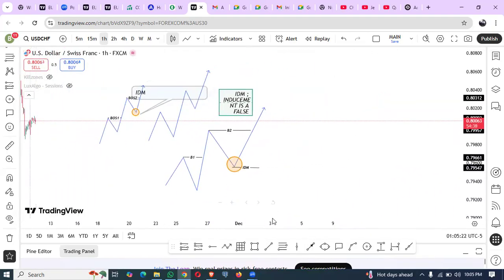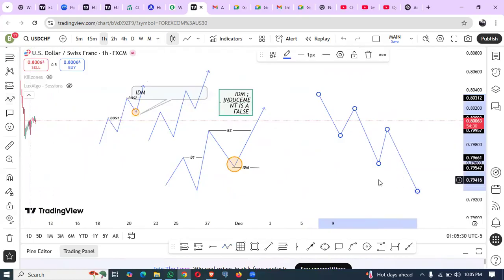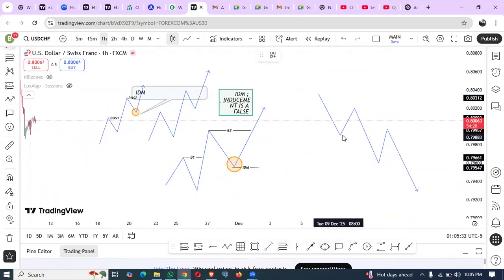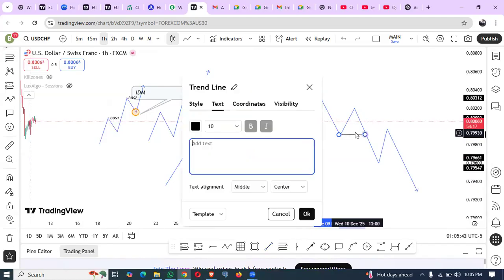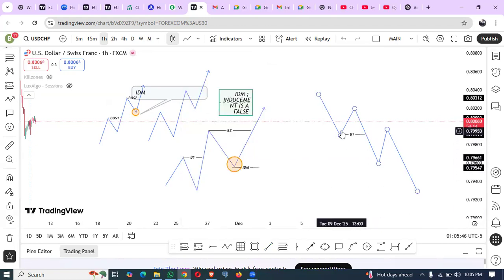So that's it. Let's go through it again. Let's go for the selling bias. Need your first sell, correction, sell again, correction. Good. So once you've had two break of structures, that's your B1, break of structure one. You can represent with anything you feel like. I prefer using B. That's your B1 there. Market corrected.